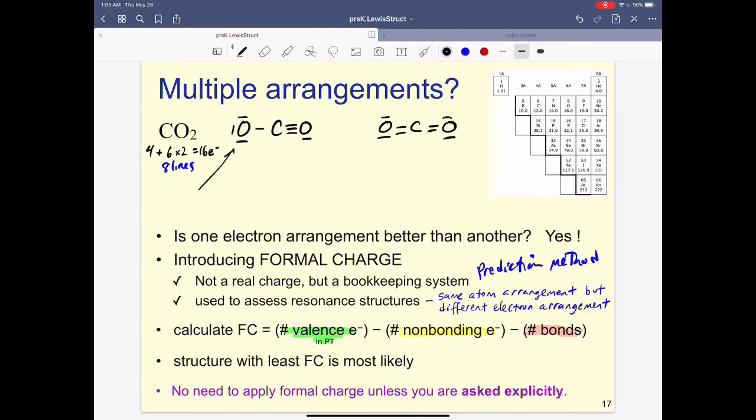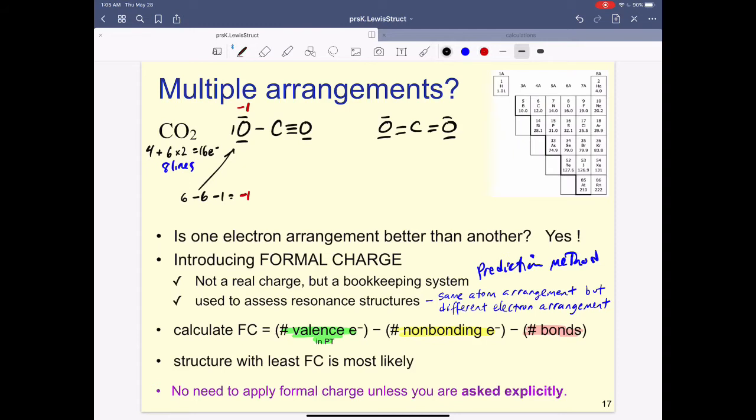The oxygen has 6 valence electrons. Notice that there are 1, 2, 3 pairs, which is 2, 4, and 6 electrons. So let's subtract 6, and let's subtract 1 to end up with a -1 value around the oxygen.